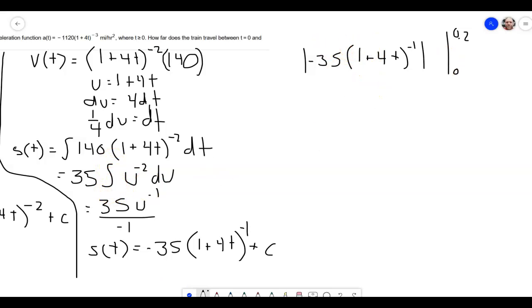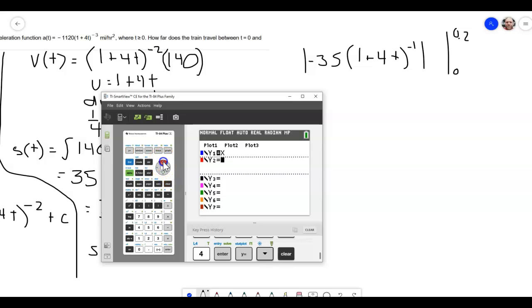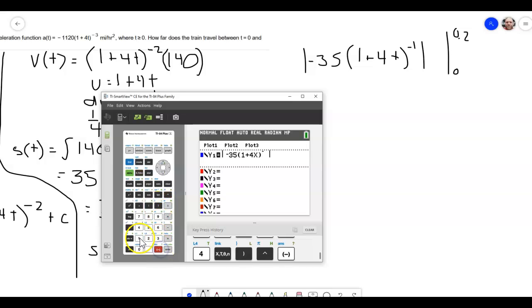All right, so at this point, I'm going to use my calculator here. I am going to go to y equals, let's clear this out, and put this function in up here. So for absolute value, I can go to math, numbers, absolute value, and this is going to be negative 35 times (1 plus 4x), we can just choose x, that's fine, raised to the negative 1.